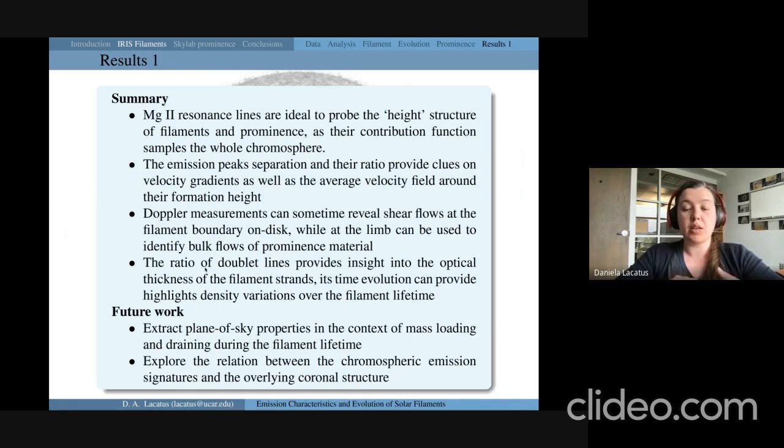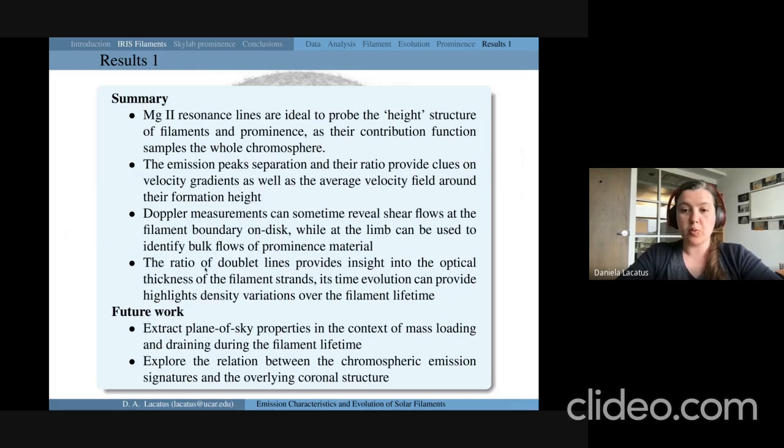Also, looking at the emission peak separation or the ratio, we can get approximation of the velocity gradients and or the average velocity fields around the formation height of the different features of the profile.